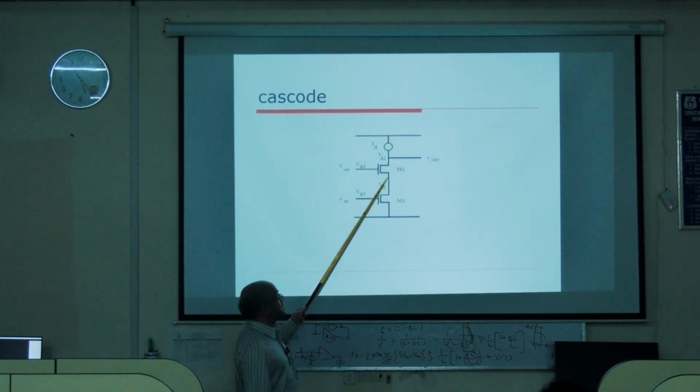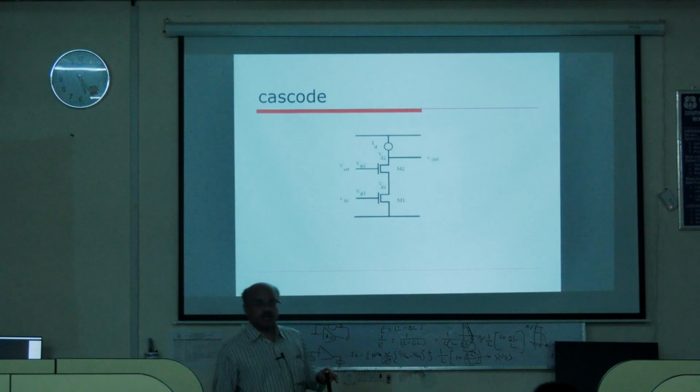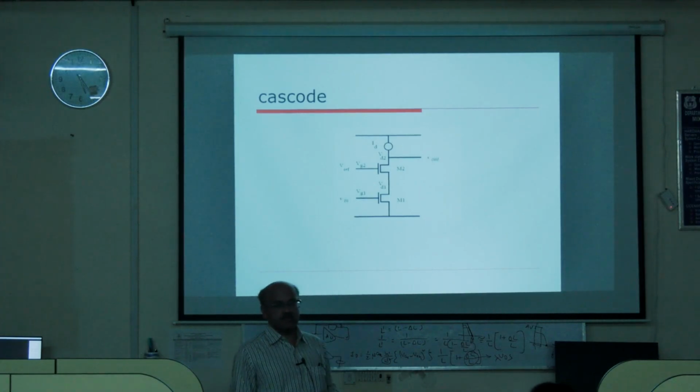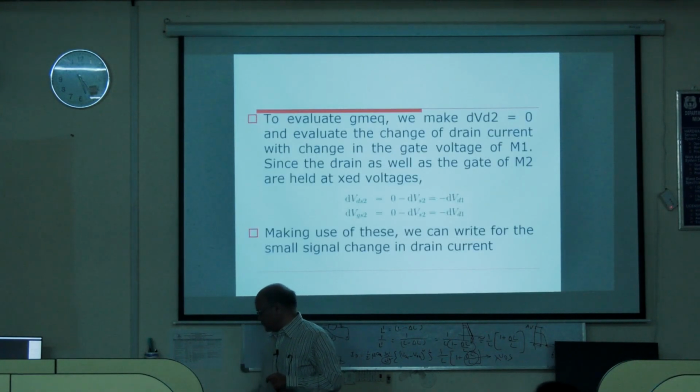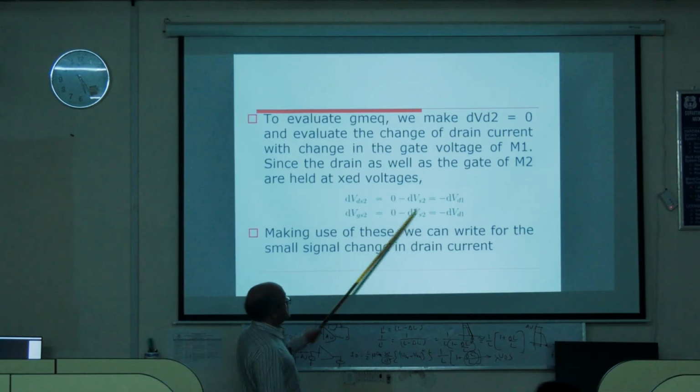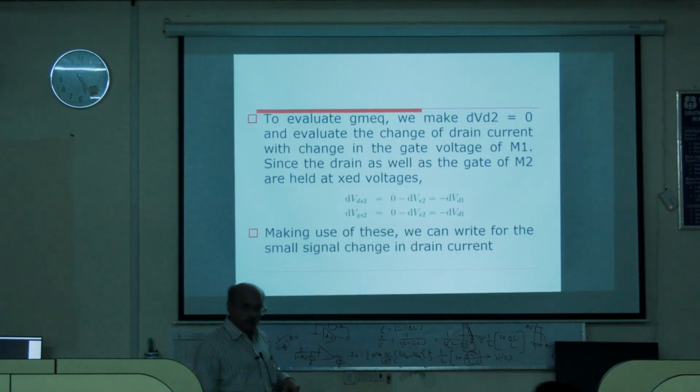Vs2 is the same as Vd1. Not convinced? S2 and D1 are connected together, so obviously Vs2 is the same as Vd1. Now dVd2 minus dVs2: dVd2 we have made 0.